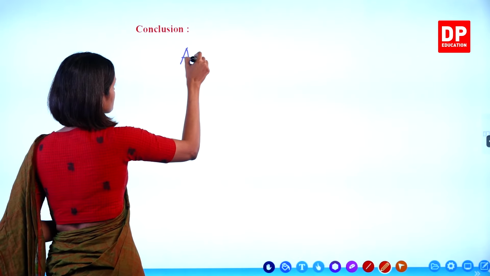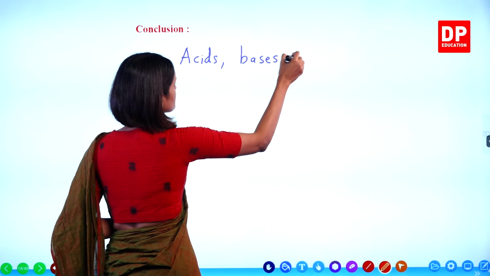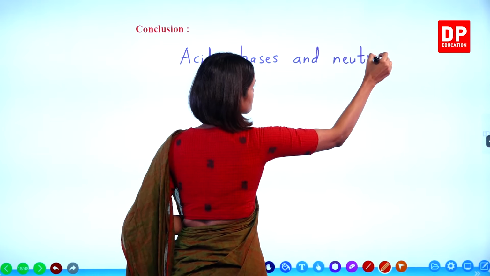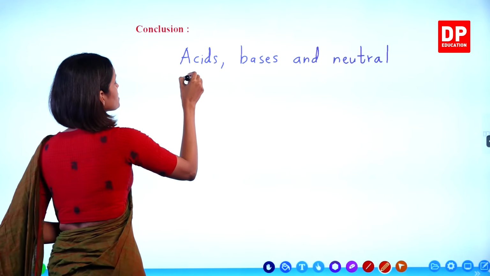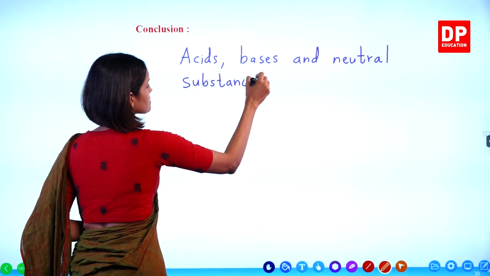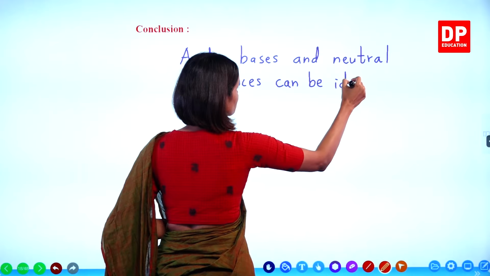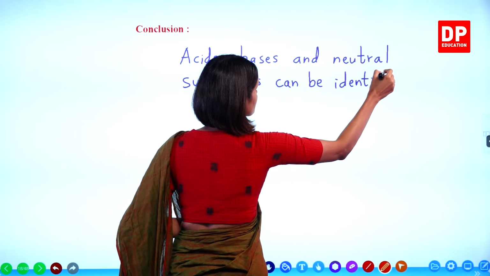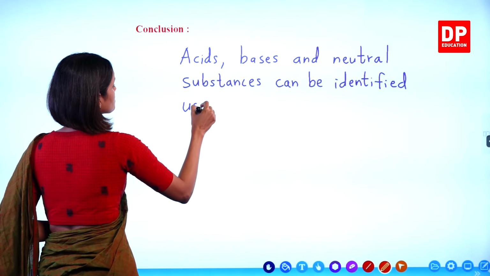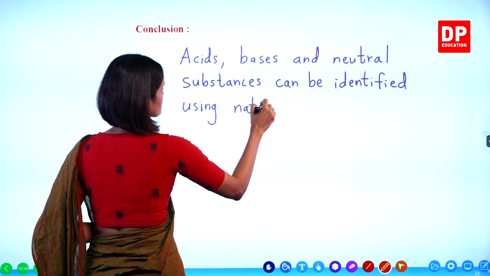Acids, bases and neutral substances can be identified using natural indicators.